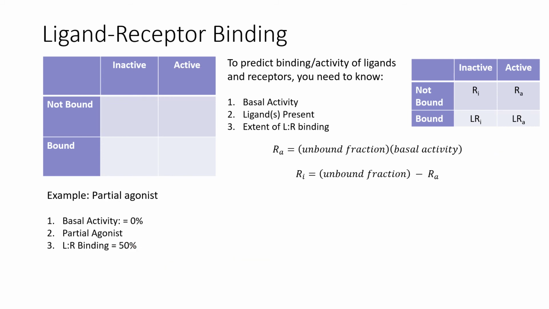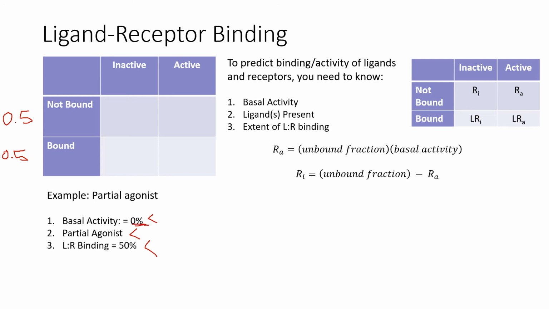And so we have another example where we have a basal activity of 0, we have a partial agonist, as well as LR binding of 50. We know that half of them are bound, 0.5, and then half of them are not bound. However, we also know that basal activity is 0.